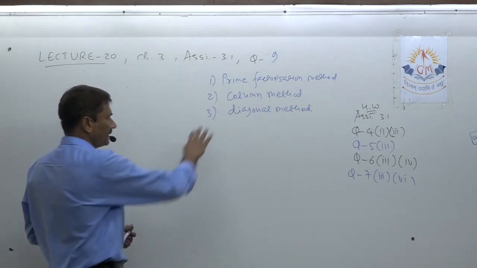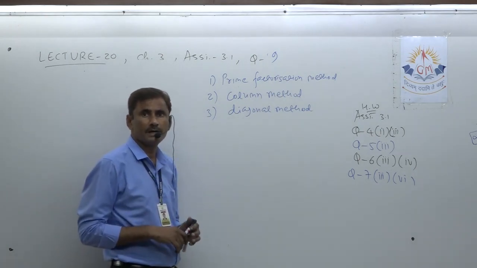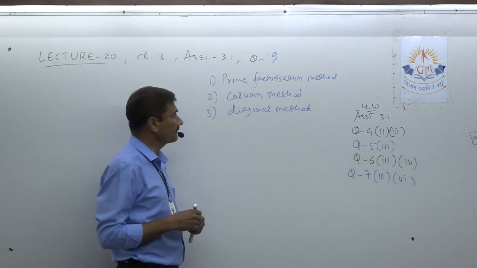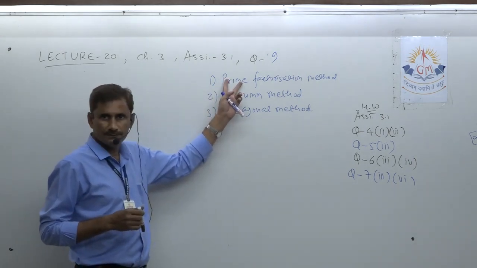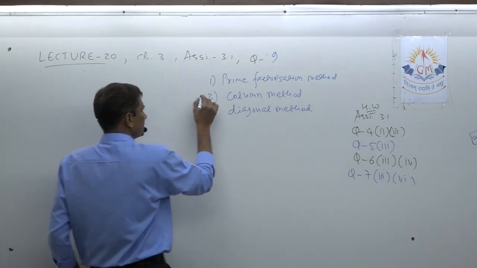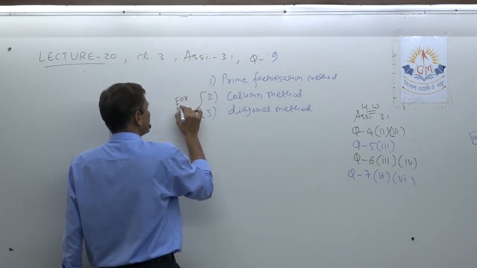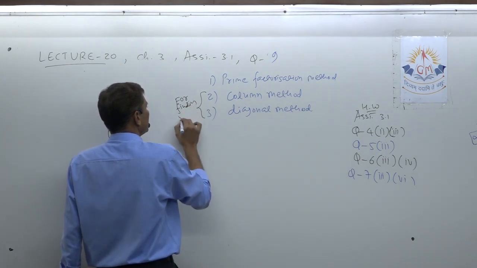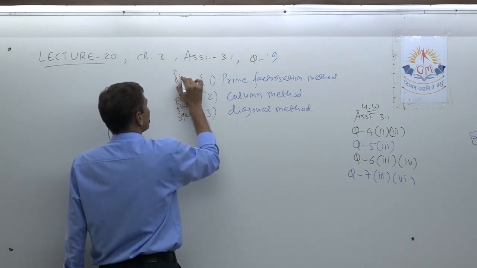Prime factorization means just making pairs, and accordingly you can find the square root. This is for getting the square root. Now these are for finding the square only, and this is for finding the square root.